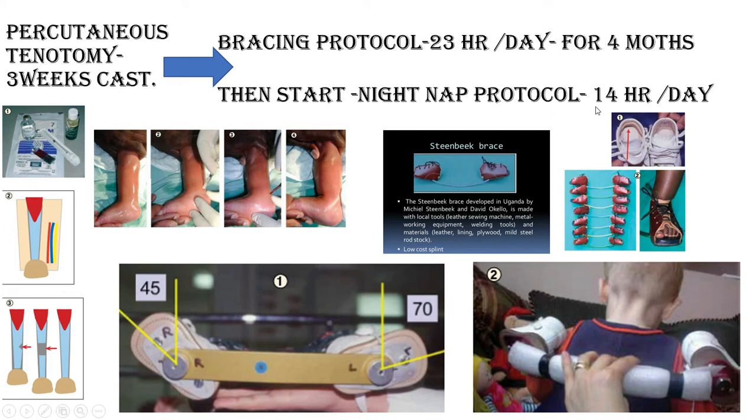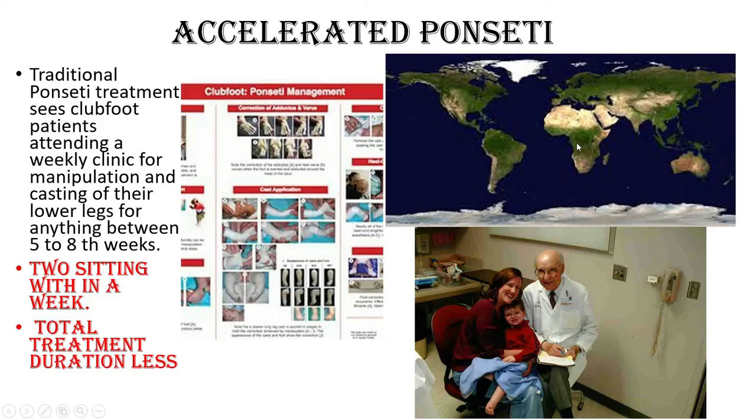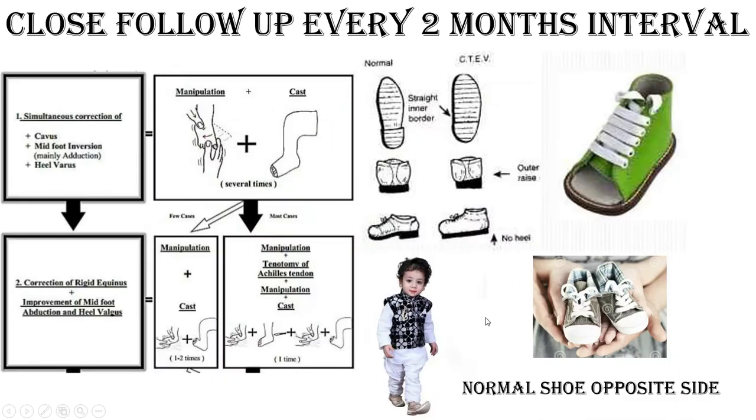Now it has to be continued for the next 2 to 3 years, and when the child starts walking, then what we do is use CTEV shoes. The CTEV shoes actually have a small difference: the medial bar will be straight, and there will be no heel, and the outer sole will be raised, so that all the deformity gets corrected.